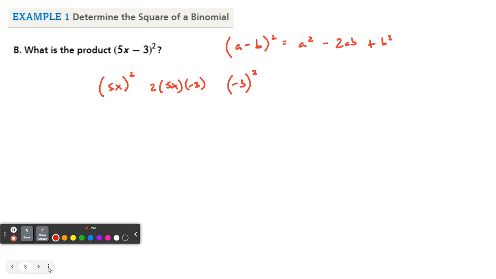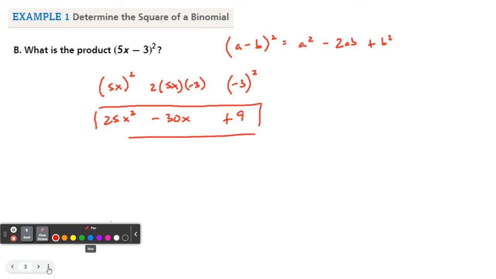Okay, so 5x squared is 5 squared and x squared. That's 25x squared. The negative 3 squared at the end is a plus 9. And then in the middle here, 5x times negative 3 is negative 15x. And we double that to get negative 30x. And there you go.